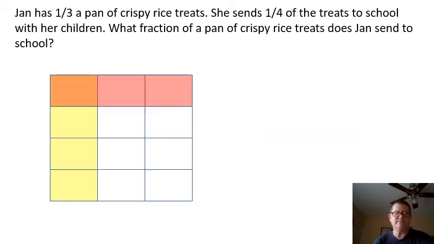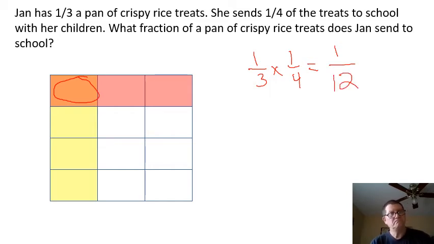Let's see what happens. Okay, so we've multiplied 1/3 times 1/4, and it's like saying 1/3 of 1/4, and that's multiplication. And we can see we ended up with one orange square out of a total of 4 by 3, which gives us 12. So we know 1/3 times 1/4 equals 1/12. So I might be able to see a pattern developing here, but we need to know how the model works, okay? Let's try another one.